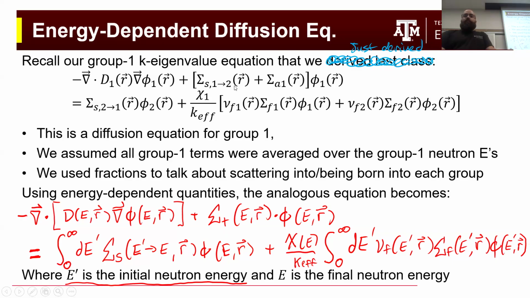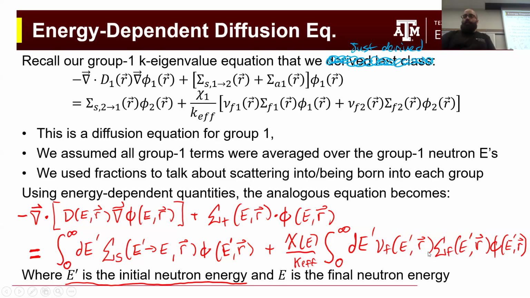Notice that these are very similar in how they're set up. They're both conservation statements. Effectively, they both say my loss rate densities equal my gain rate densities. So the terms on the left side would be my losses: losses due to net leakage, and losses due to any interactions that take neutrons out of the current energy E. And then my gains are due to neutrons that are scattering into this current, oh sorry, this right here should be E prime, because this is scattering reactions caused by neutrons at this incident energy that kick me into the energy E that we're keeping track of.